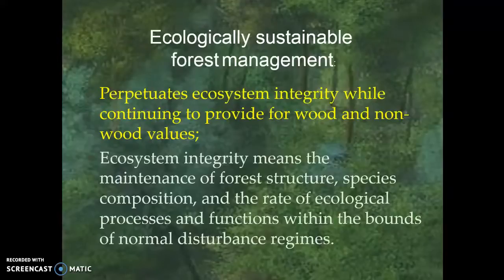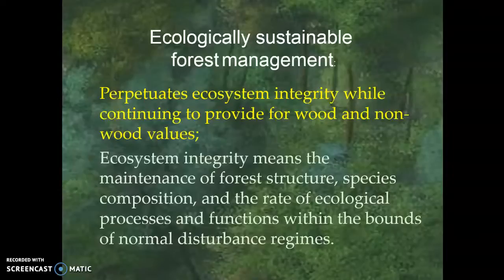What we are striving for is ecologically sustainable forest management by looking at the entire ecosystem. This perpetuates ecosystem integrity, I love this word, while continuing to provide for wood and non-wood values. So it means the maintenance of forest structure, species composition, and the rate of ecological processes and functions within the bounds of normal disturbance regimes.